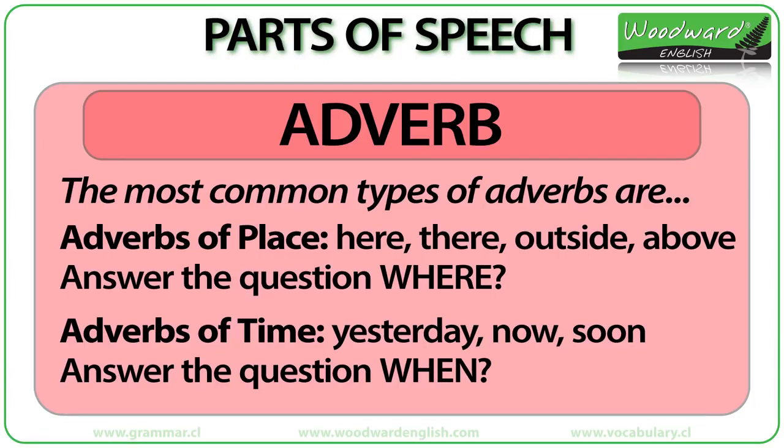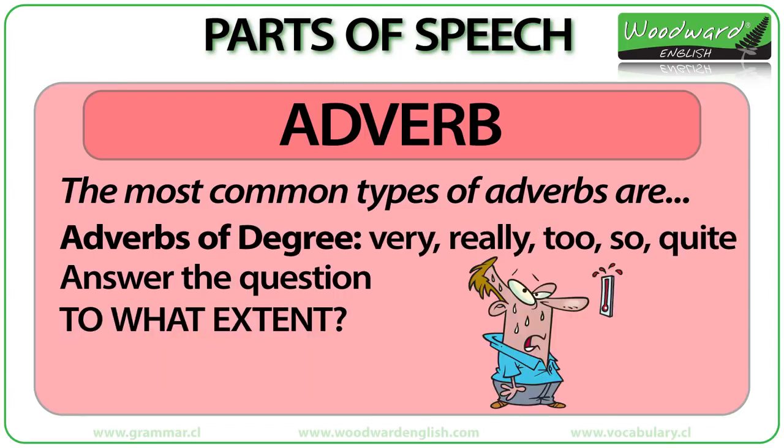For example, here, there, outside, above. Adverbs of time. These answer the question when. For example, yesterday, now, soon. Adverbs of degree. These answer the question to what extent. For example, very, rarely, too, so, quite.